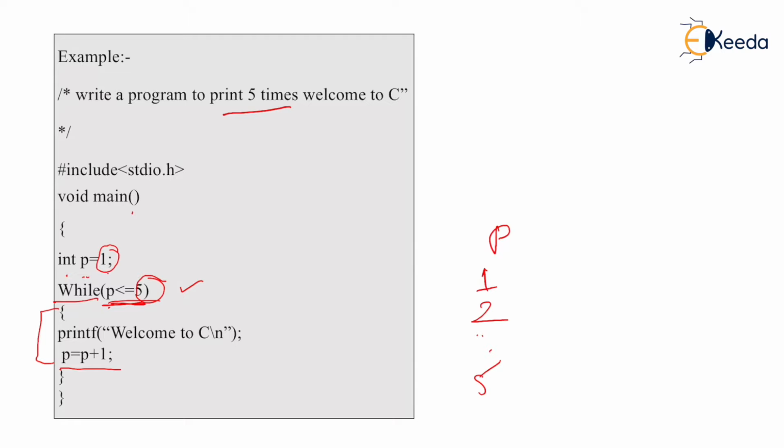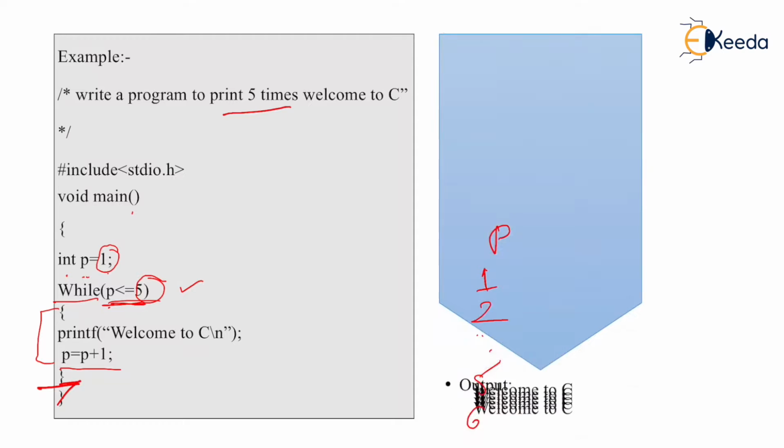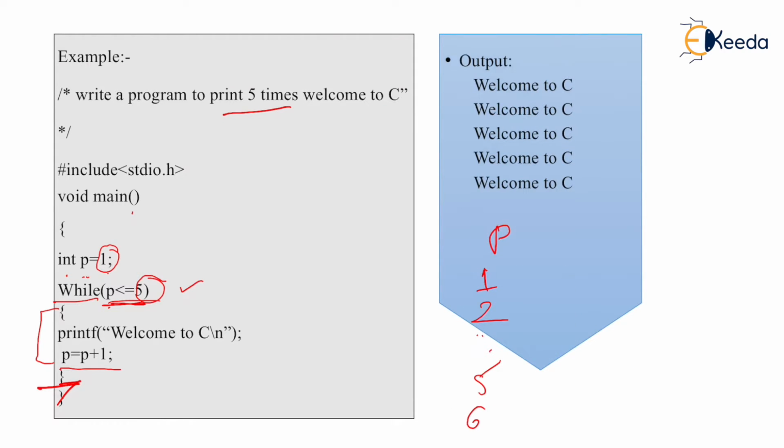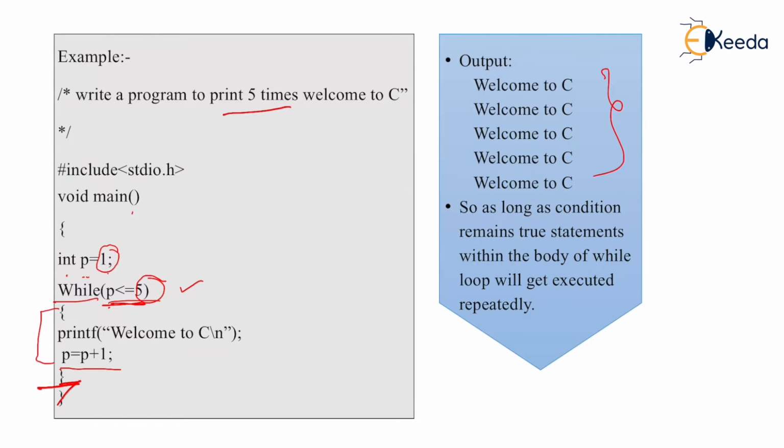But when the value of p becomes 6, the statement will not get printed, which means your control will come out of the loop. So the output will be "welcome to C" 5 times. As long as the condition remains true, the statement within the body of the while loop will get repeatedly executed.